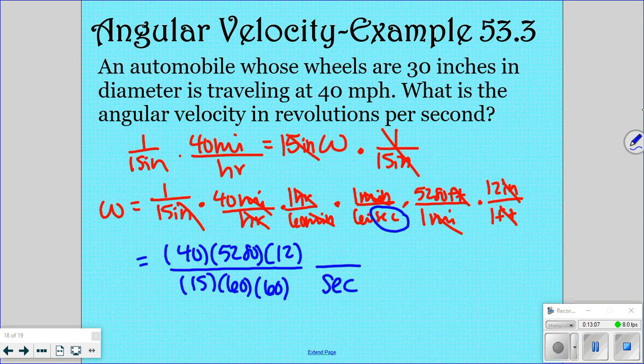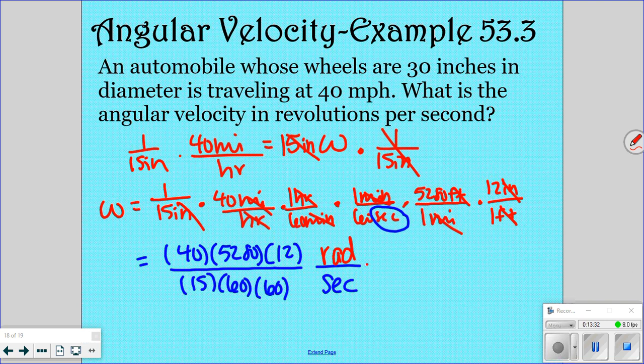So now we need to get it so that it's in revolutions. On the last one, we had radians and we didn't need it, so we just marked it out. On this one, we need something, and what we need is revolutions. We can't put revolutions, but we can put radians though. Radians are special. If you need it, then you put it there. And if you don't need it, you just mark it out.